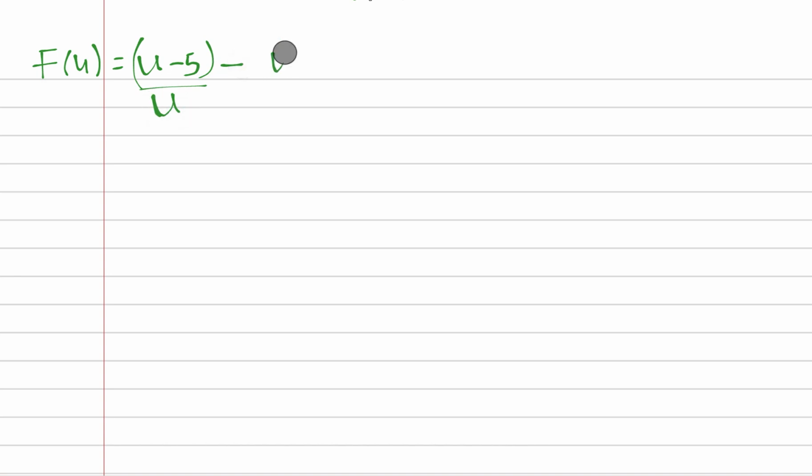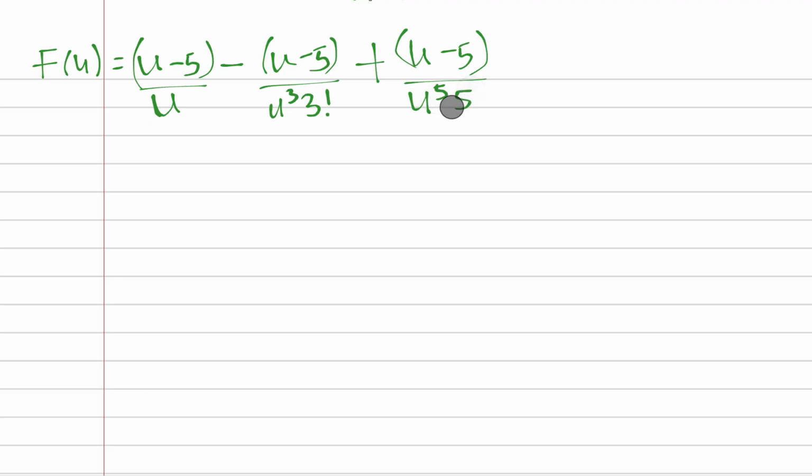We have minus u minus 5 all over u raised to power 3 factorial, plus u minus 5 all over u raised to power 5 factorial, minus u minus 5 over u raised to power 7 factorial, plus dot dot dot. This is what we have. So now you're just going to apply normal mathematics.